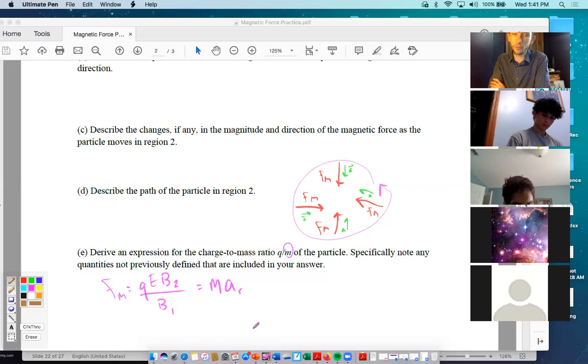Does anyone know from general physics the equation for radial acceleration of a particle moving in a circle? Isn't it v squared over r? Yeah, v squared over r, where r is the radius of the circular path. Okay, so the equation becomes this. Let me neaten this up a little bit.